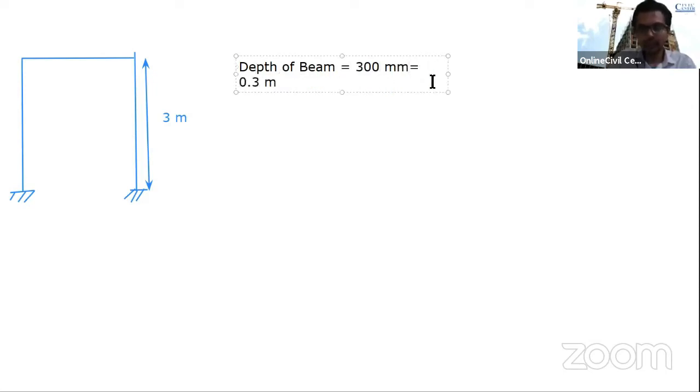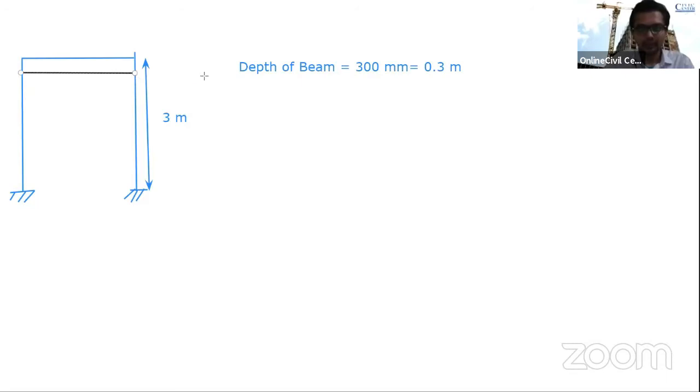If you consider the depth of beam as 0.3 meter, then we can deduct a certain portion for this beam. It's important to visualize here. If you have any difficulty visualizing, you can comment and we can repeat the session.